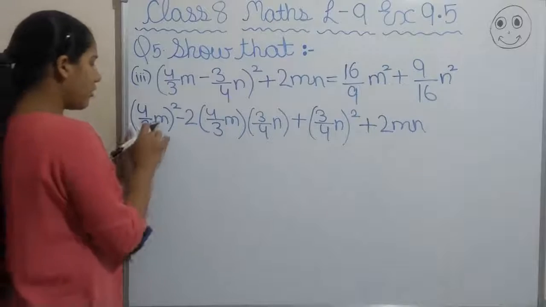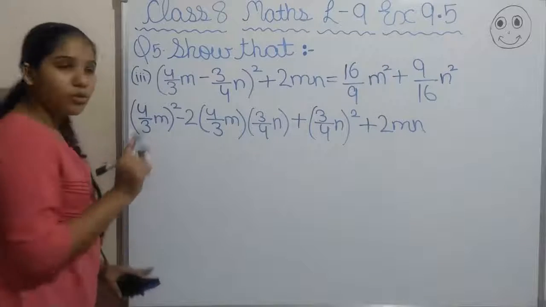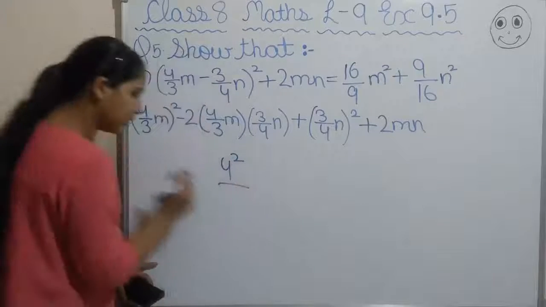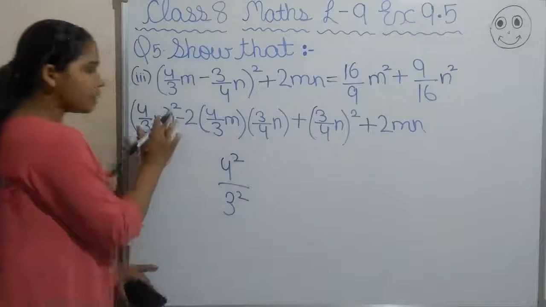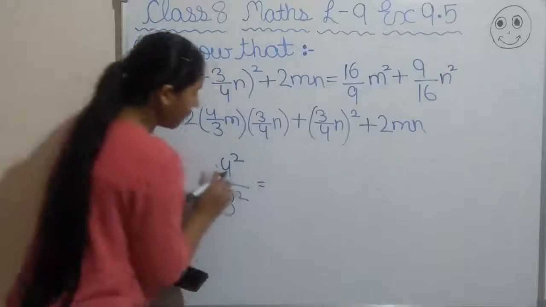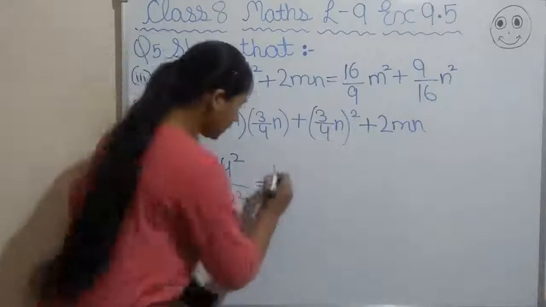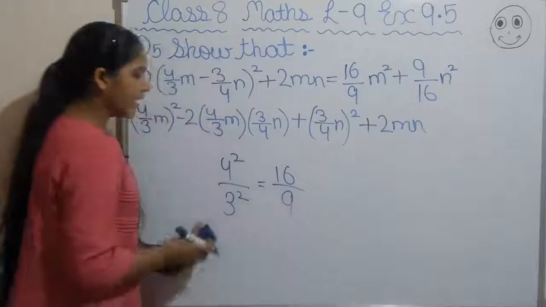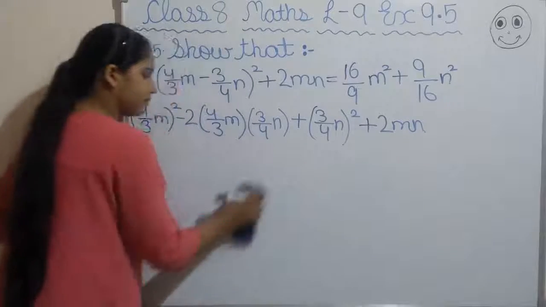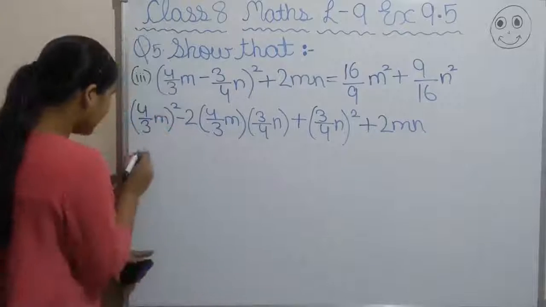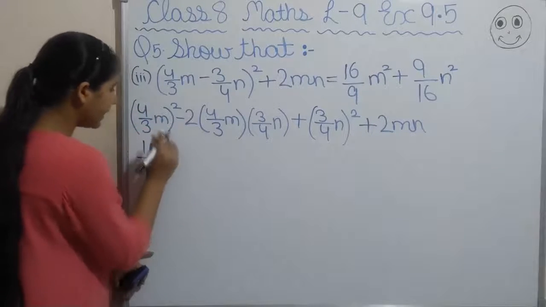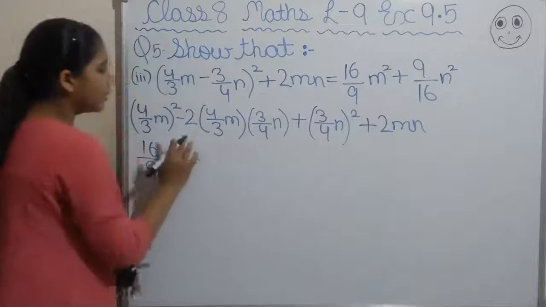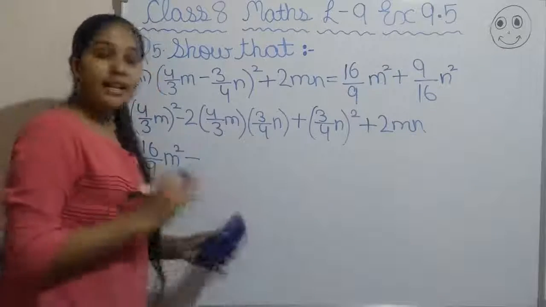So in 4 by 3m whole square, since whole square is there, we can write it as 4 square and 3 square. So 4 square, 4 4s are 16, then 3 square, 3 3s are 9, so we can write 16 by 9 m square. Minus as it is, then here, 2, now I have to do rough.